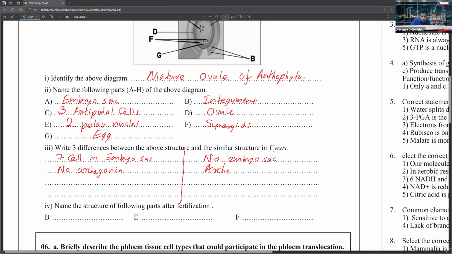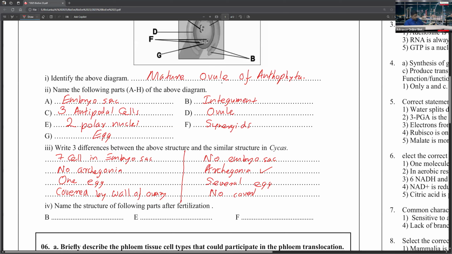Archegonia present. Then one egg here, several egg cells. Right, this one ovule covered by wall of ovary. No cover, no wall of ovary.